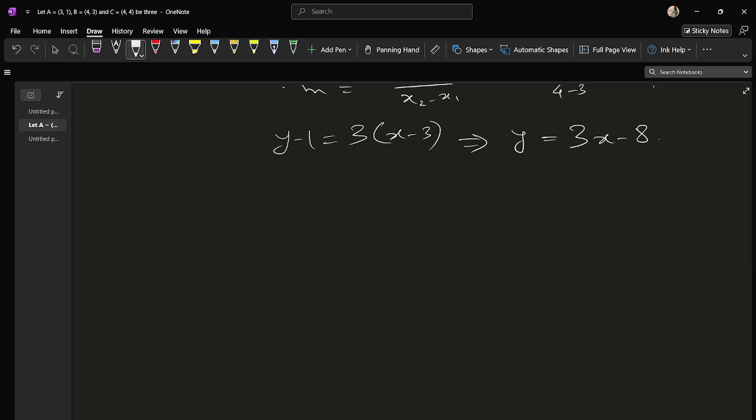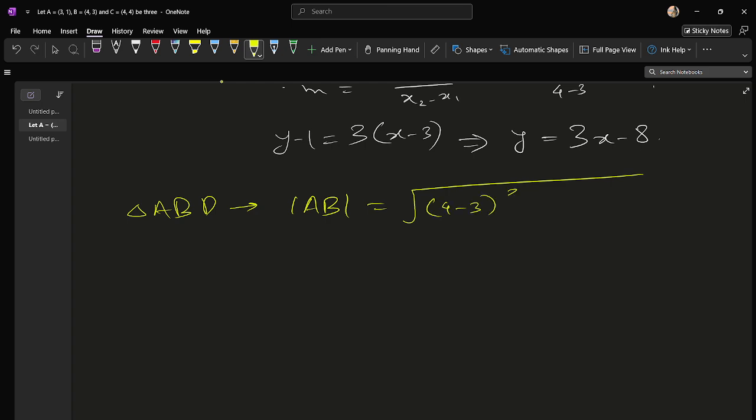The base of the triangle ABD is the length of AB, which will be the square root of (4 minus 3) whole square plus (3 minus 1) whole square, that is 1 plus 4, so root 5. However, since the base is not an integer, we can use the shoelace formula or the determinant formula to find the area.